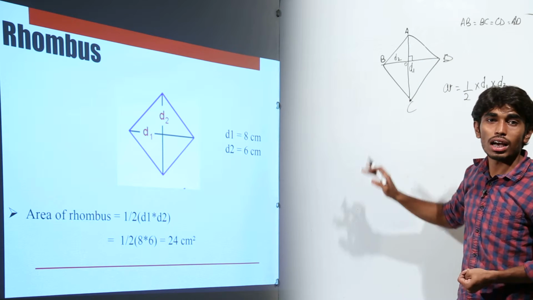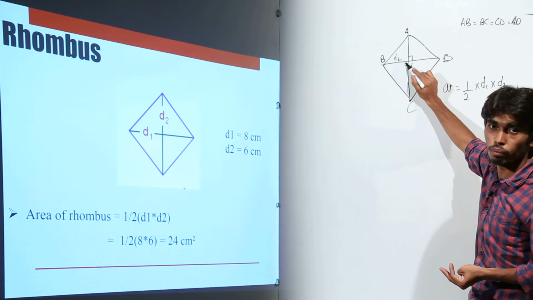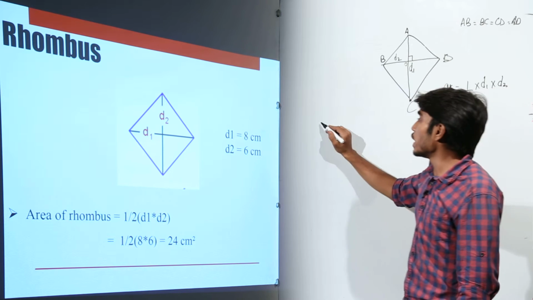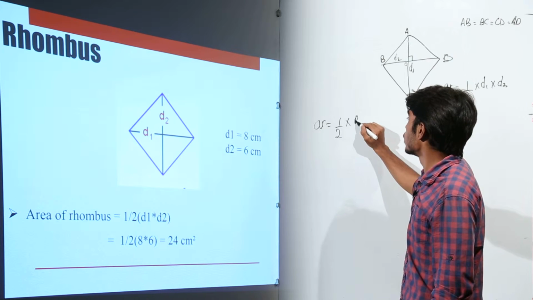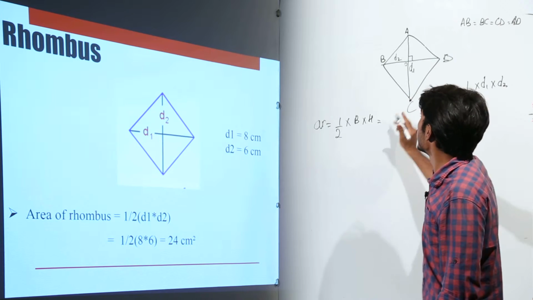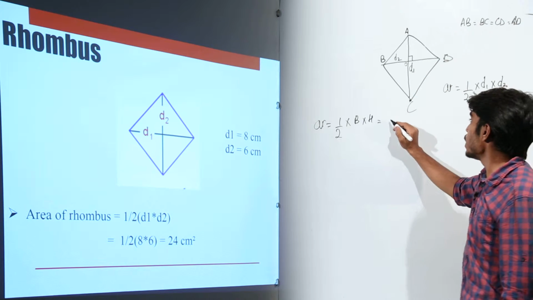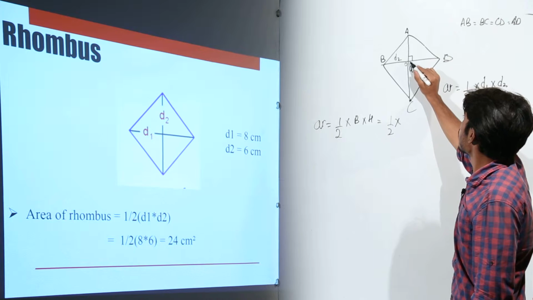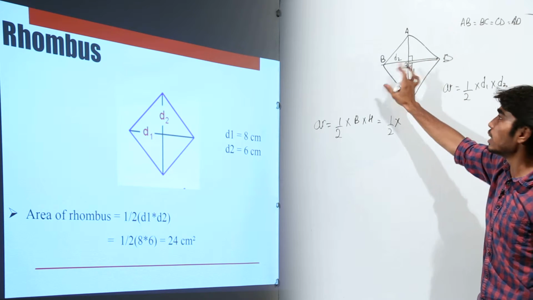All the 4 triangles are right angled triangles, and all the 4 are right angled at O. So the area of any triangle would be half into base into height. Let's consider this triangle AOD. The base is this much, which is nothing but half of the diagonal D2.